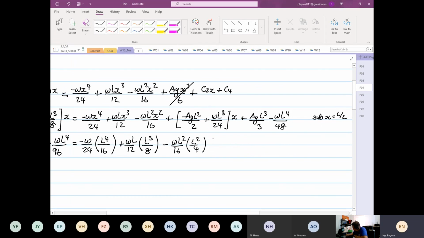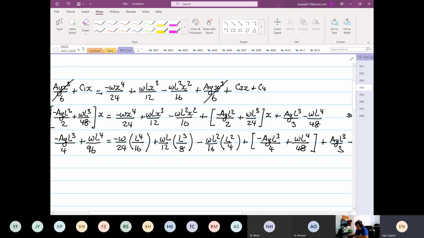And then this is equal to plus and then minus AY L cubed over 4 plus by omega L4 over, see, I'm lost already, 48, right? Because over 2 plus by AY L cubed over 3 minus omega L4 over 48. Right.